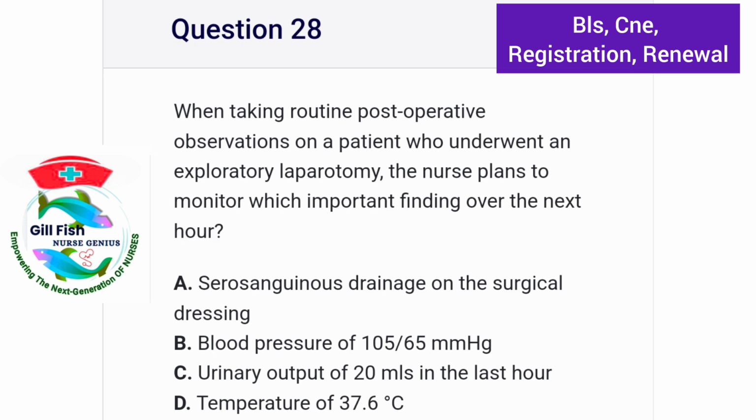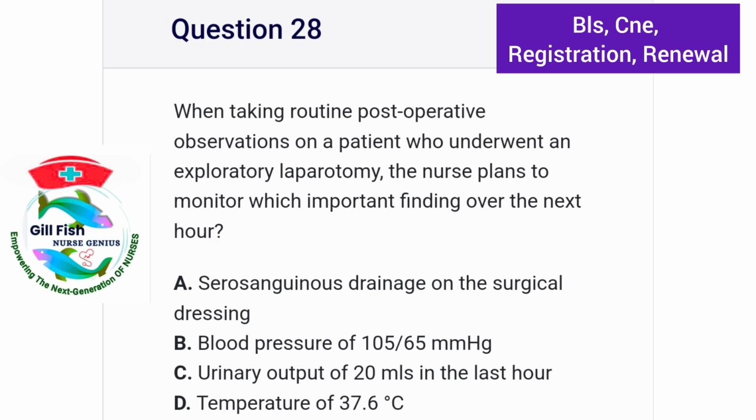Okay, fine. Next question. When taking routine post-operative observation on a patient who underwent exploratory laparotomy, the nurse planned to monitor which important findings over the next hour. Actually, the patient underwent routine post-operative observation, and the surgery is laparotomy.